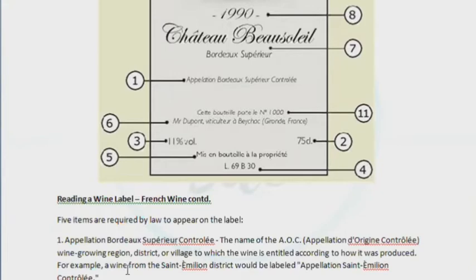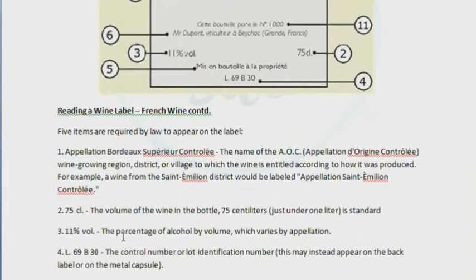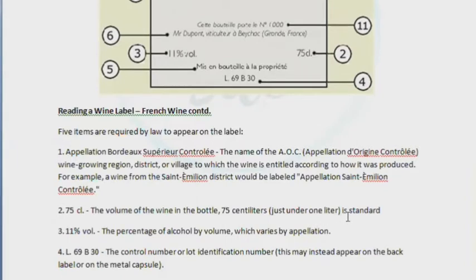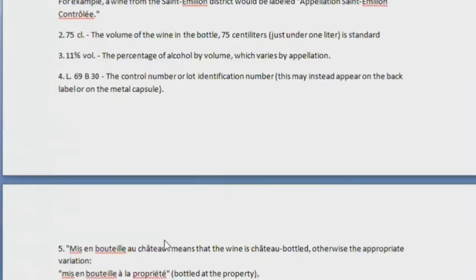For example, a wine from the Saint-Émilion district would be labeled Appellation Saint-Émilion Contrôlée. Okay, 75 cl is the volume of wine in the bottle, 75 centiliters, just under 1 liter, is standard. 11 percent volume is the percentage of alcohol by volume, which varies by appellation.